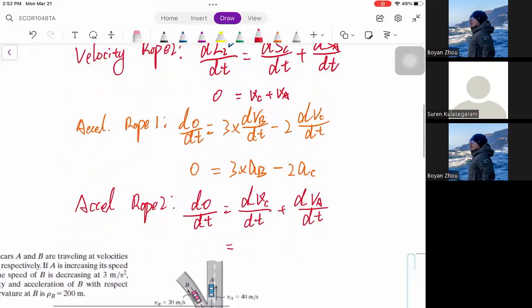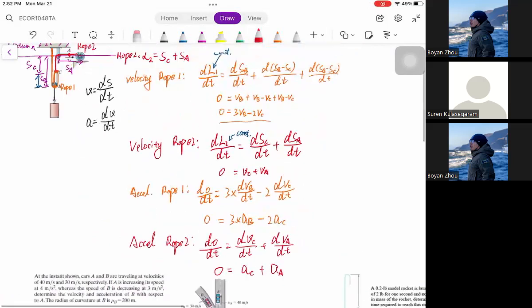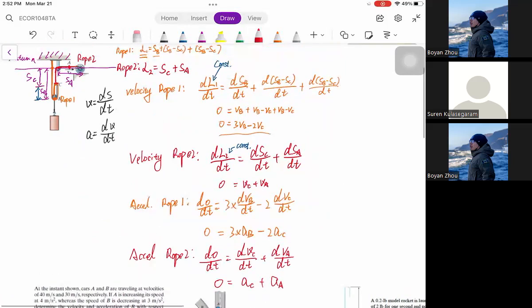So those become 0 equal to AC plus AA. And then I'm going to make them smaller.